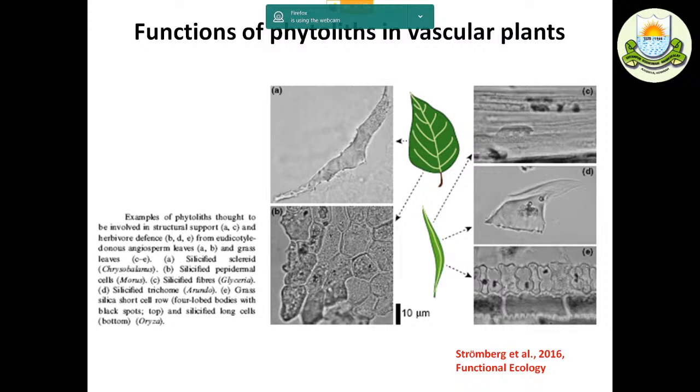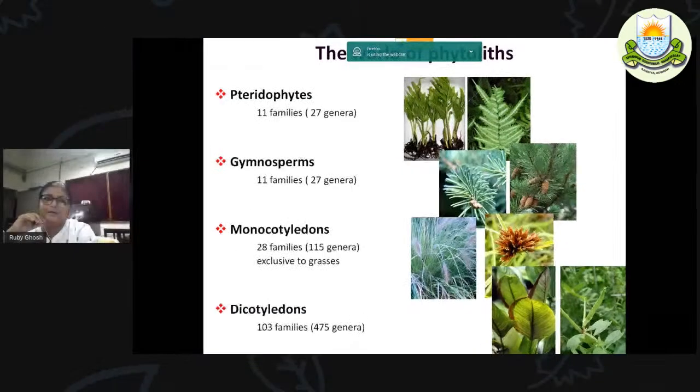They lessen herbivory because silica is coarse in nature, so herbivores don't like plants rich in silica. So these are a few functions of phytoliths in vascular plants. There are many more, so I am not going into detail.